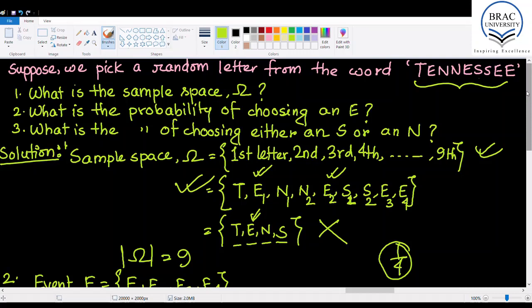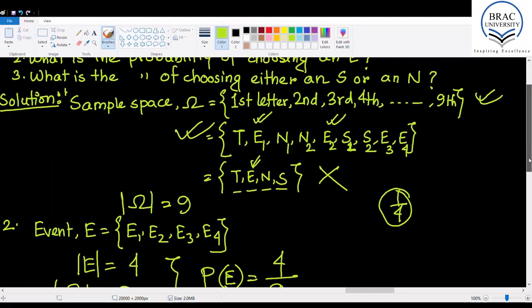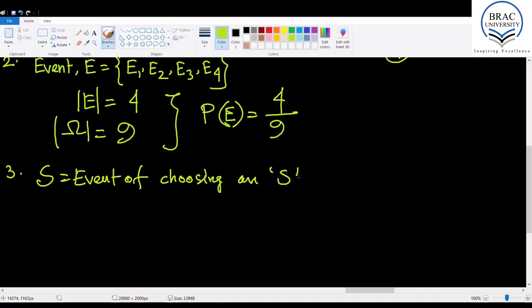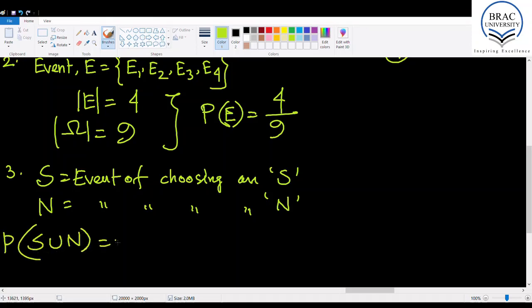The part 3, what is the probability of choosing either an S or an N? So now again we have encountered an either or problem. So let's define the events first. Let's say S is the event of choosing an S, and N is the event of choosing an N. So either an S or an N. So we have to determine the probability of S union N. Union stands for or.